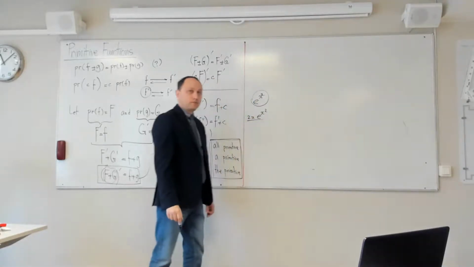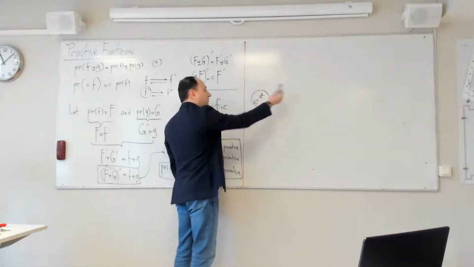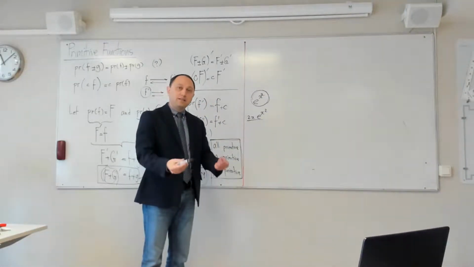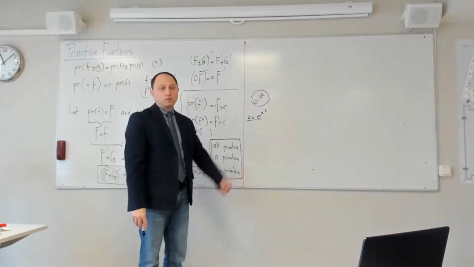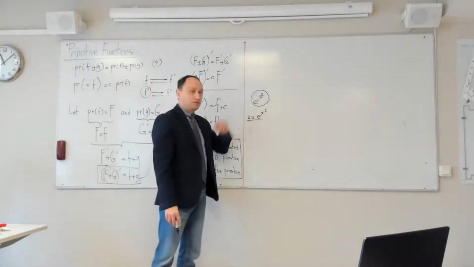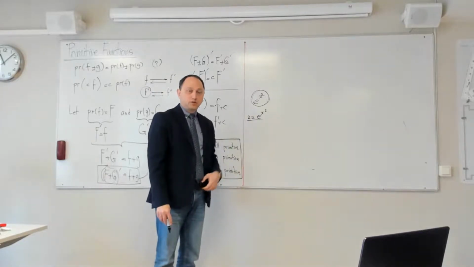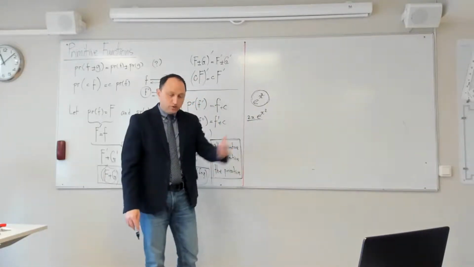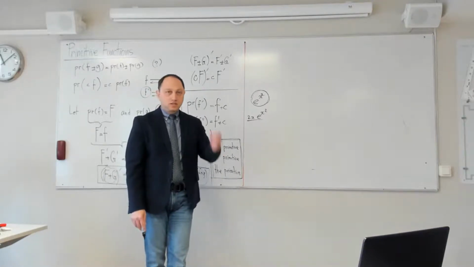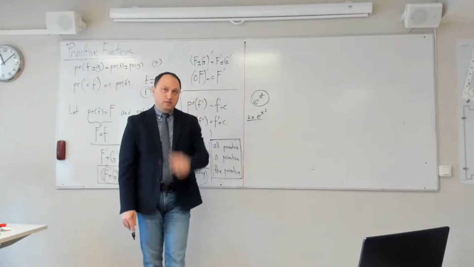But if I ask what is a function whose derivative is equal to this, it is not among these elementary functions that you know. We can artifact a function whose derivative is equal to that, but that function is not among the functions that we know. So this is one thing you need to keep in mind from the beginning.